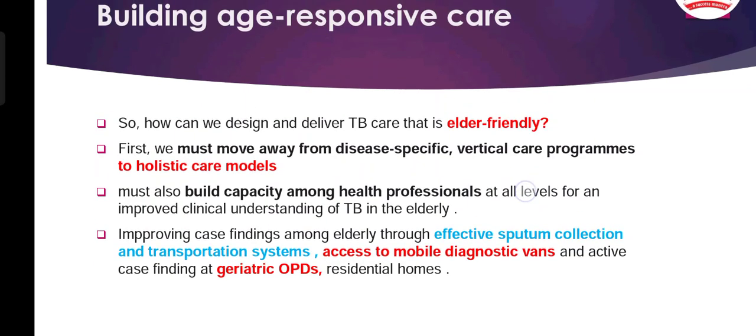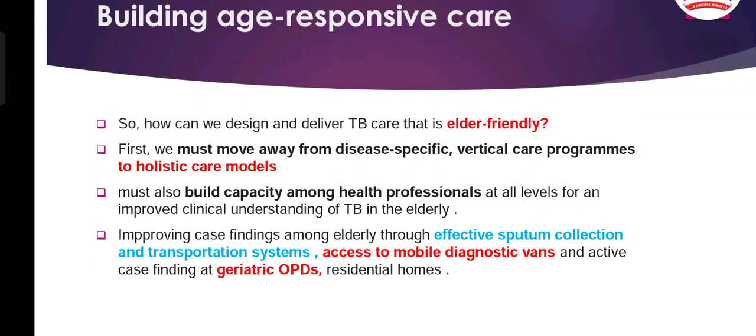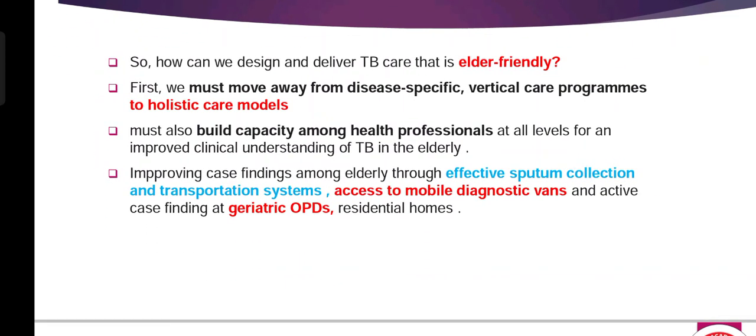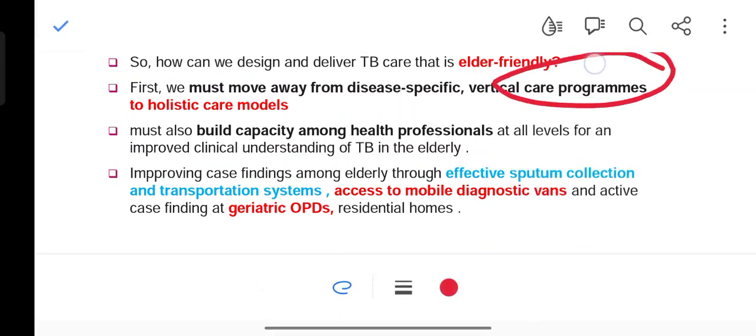How can we design and deliver TB care for the elderly in an elder-friendly way? First of all, we must move away from disease-specific vertical care programs to holistic care models, where we address the elderly's needs for nutrition, disease, and medicines, all in a single program.